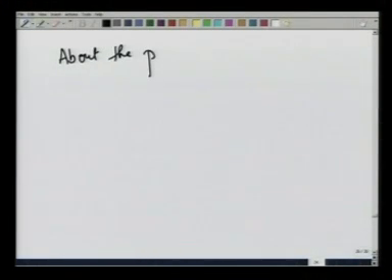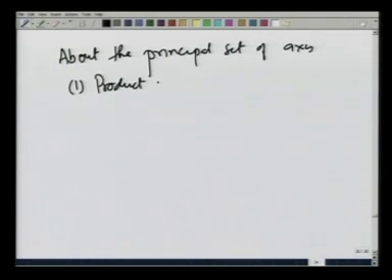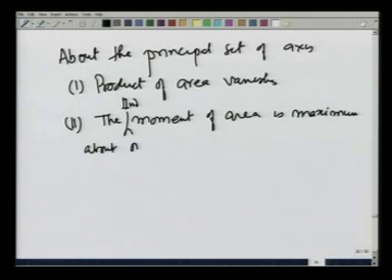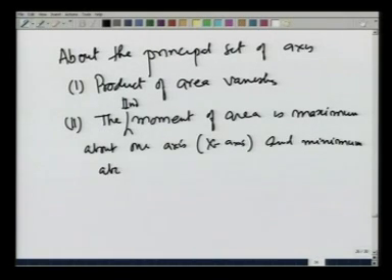An interesting fact about the principal set of axes is that about the principal set of axes, one, the product of area vanishes, and two, the second moment of area is maximum about one axis, say the x axis, and minimum about the other one.